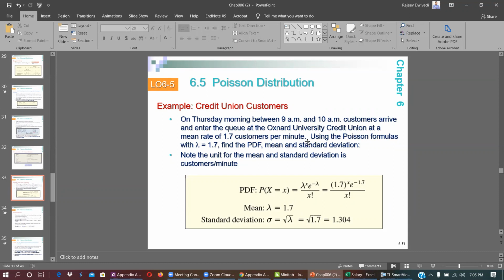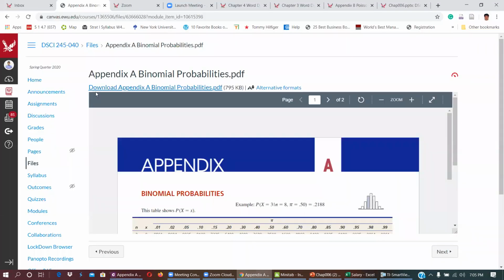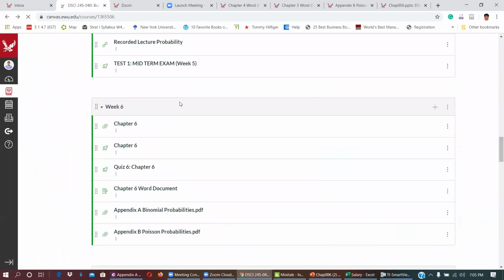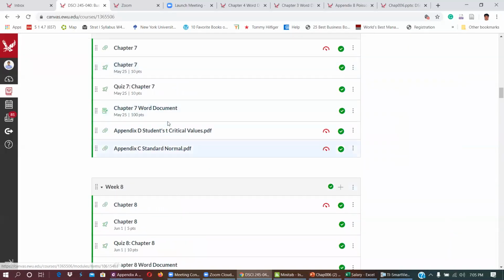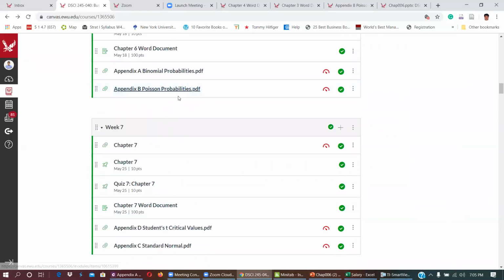Now I am going to do the PDF, and look into this. So 1.7. Now here we have Poisson distribution.